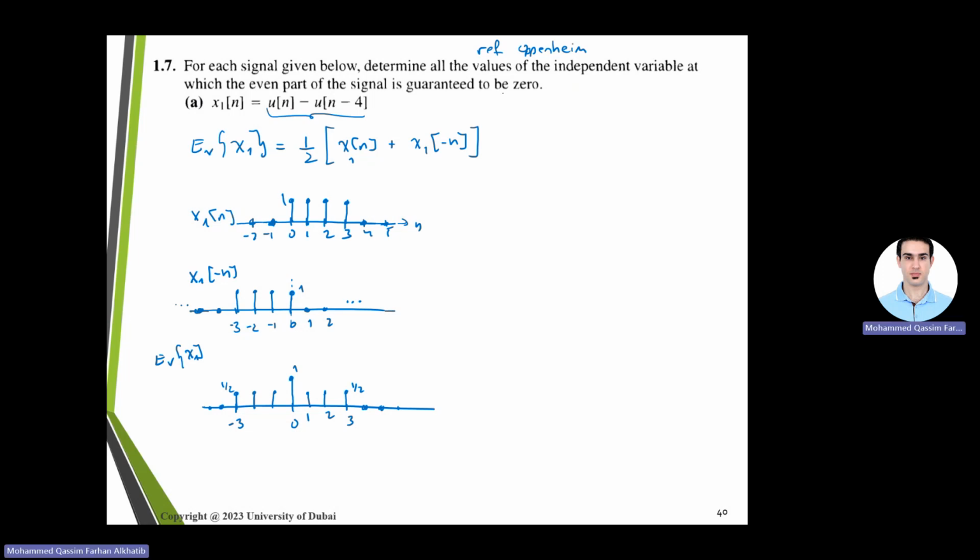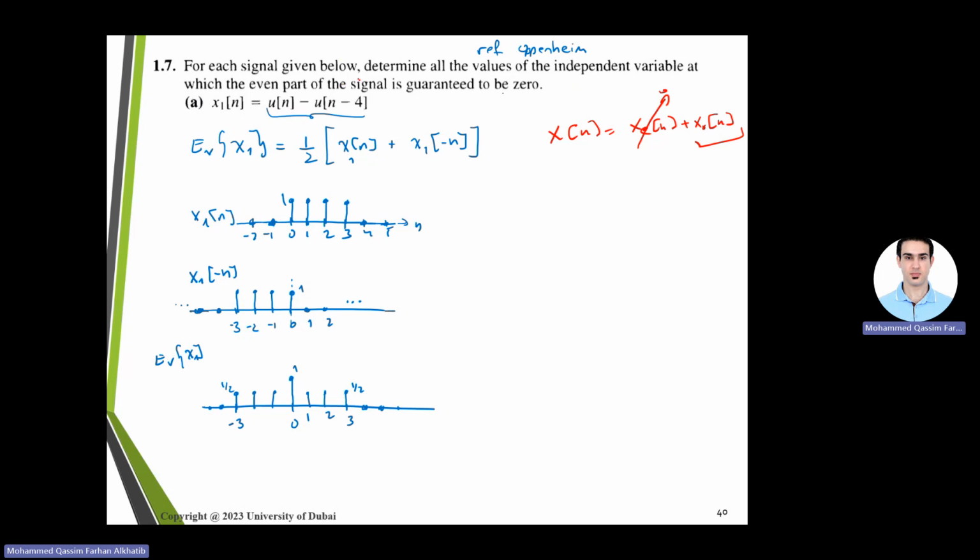Then the signal is what? No. Okay. So we said all sequences x of n is x even of n plus x odd of n, right? All signals are a composition of even and odd. Now, if I said even is 0, what will be the signal? Odd signal.